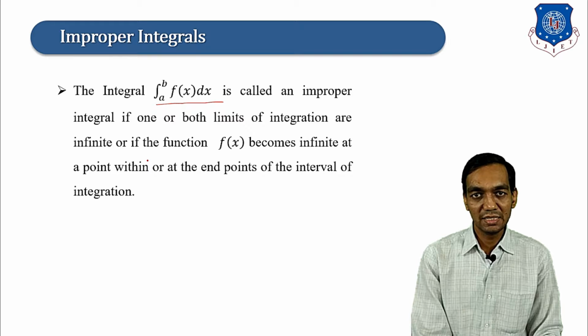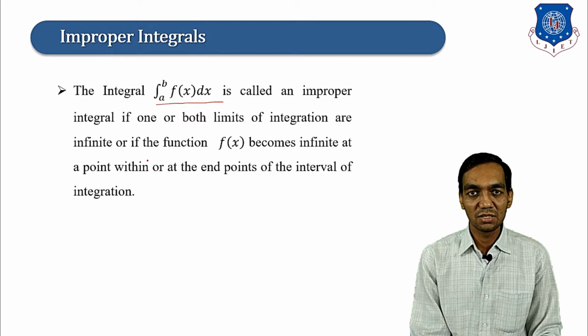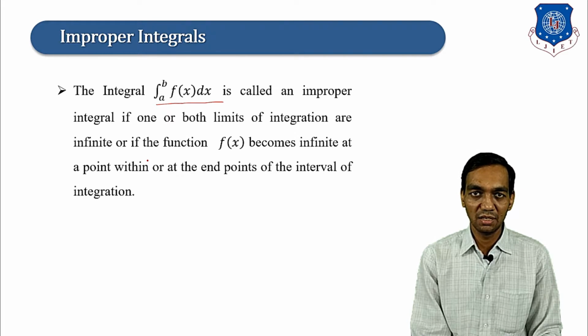That means if the limit is infinite or the function has a value infinite in between the given integral, then the definite integral is said to be an improper integral.